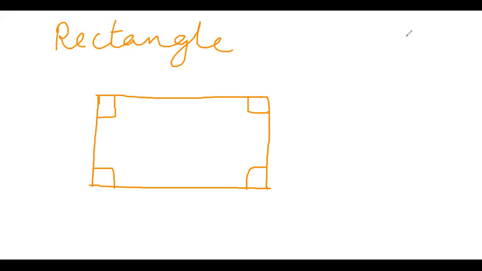Then it will be a rectangle. In a rectangle, the diagonals are also equal. Now the properties of a rectangle: opposite sides are equal and parallel, all angles are equal to 90 degrees, diagonals are equal and bisect each other, right?